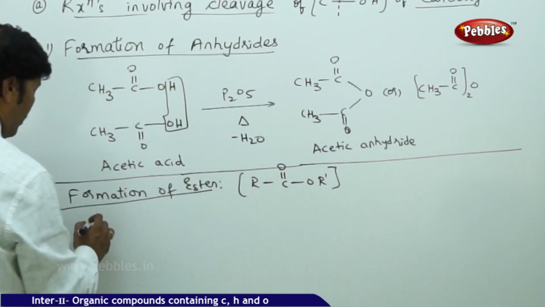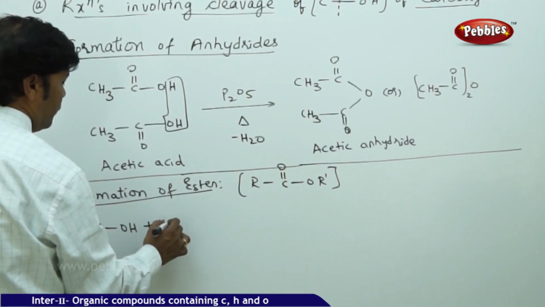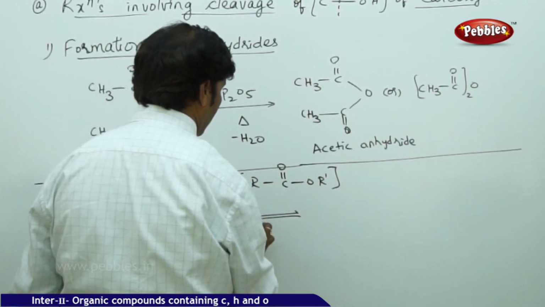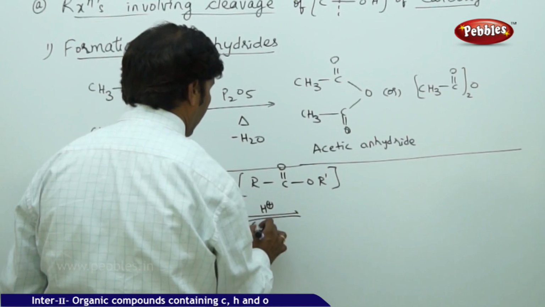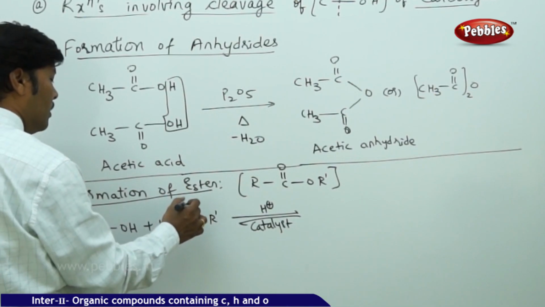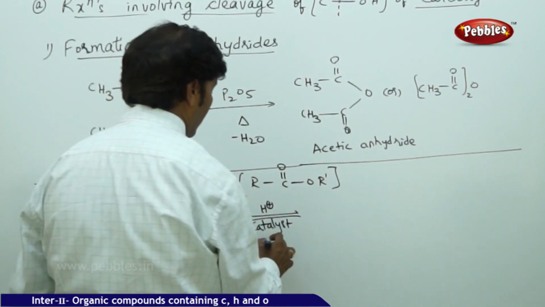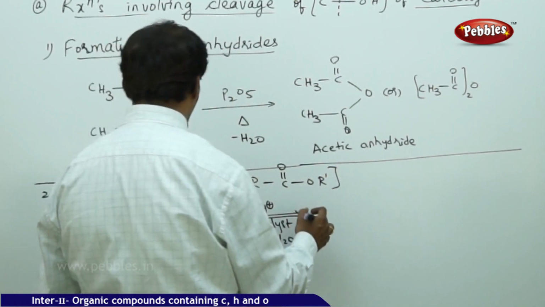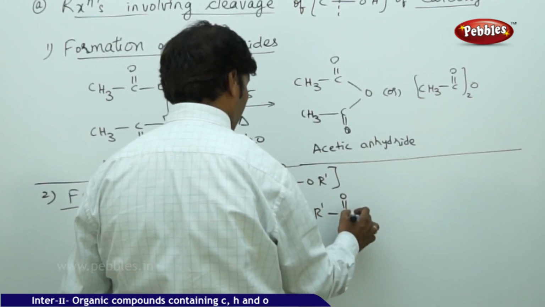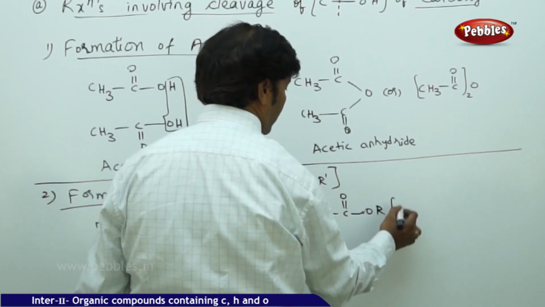Suppose I take an alcohol ROH plus HO of carbon double bond oxygen of R dash, a reversible reaction, where H plus ion acts as a catalyst. This is a carboxylic acid and this is an alcohol. From the carboxylic acid I am taking a proton, and from the alcohol I am removing one OH group, minus H2O. So you get the product R dash carbon double bond oxygen of O single bond R. This is ester.